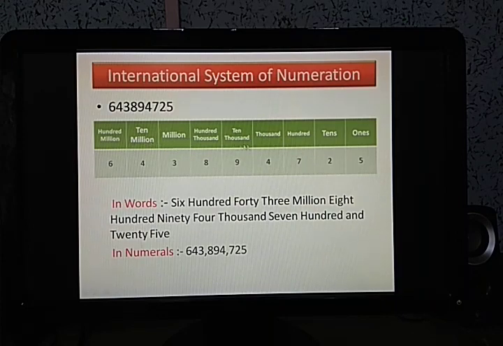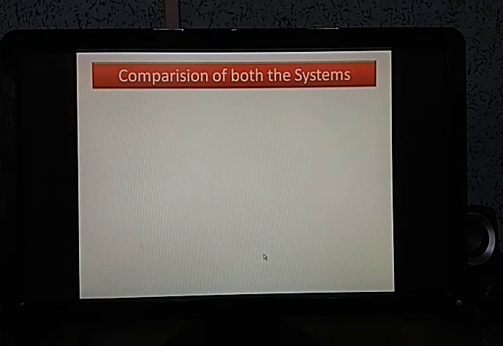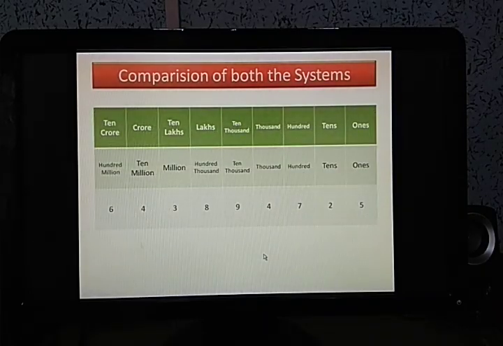So this chart is very important. You have to know this first, then you have to place the digits in that position, and only then can you write in words or in numerals. I hope this is clear. I'll make it clearer in the next slide. Let us see a comparison of both systems. The number is the same, but these things have changed.